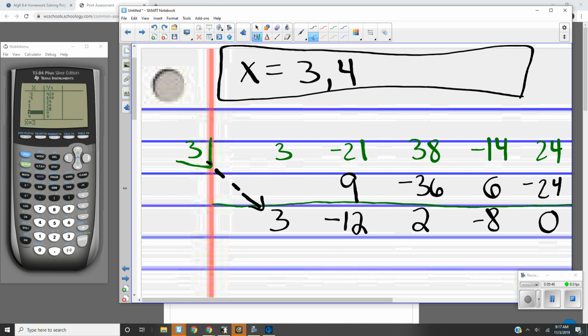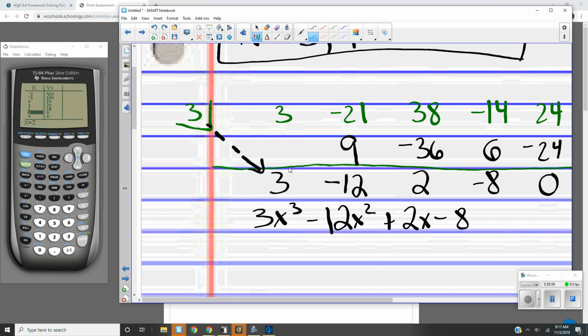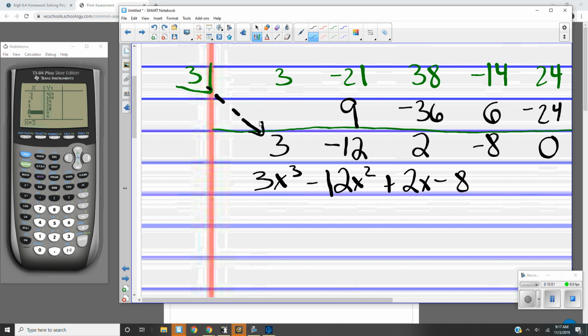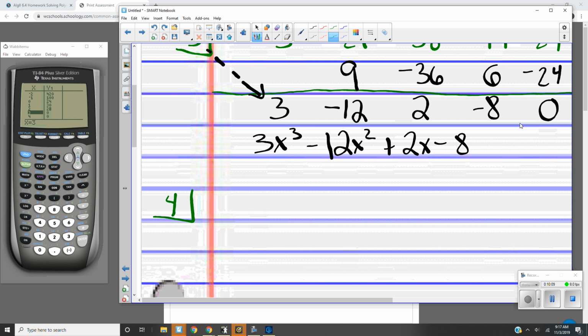So now we've taken this down a degree. We've taken it down to 3x to the 3rd minus 12x squared plus 2x minus 8. Still can't do quadratic formula until it's a quadratic, so we're going to divide one more time. This time we're going to put the other solution that we found in the box. We're going to put 4 in the box.